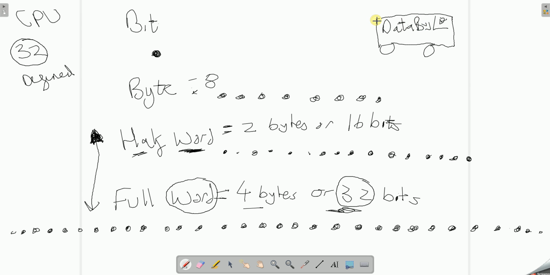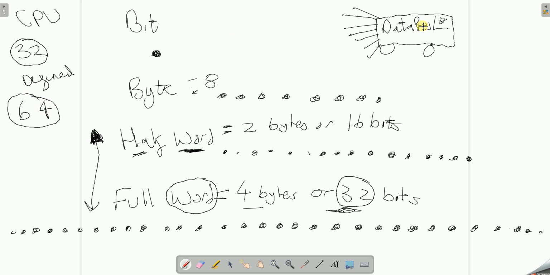So let's imagine that I had 32 bits. That's the typical length. However, what you need to be aware of is that imagine the CPU had to deal with a program which was requiring 64.